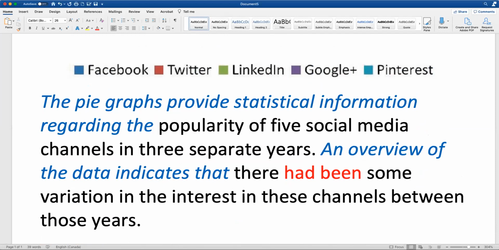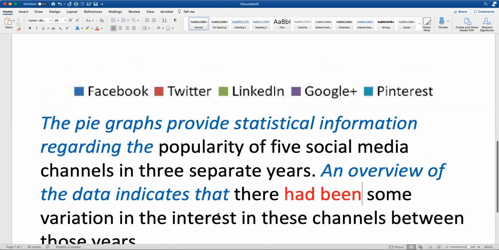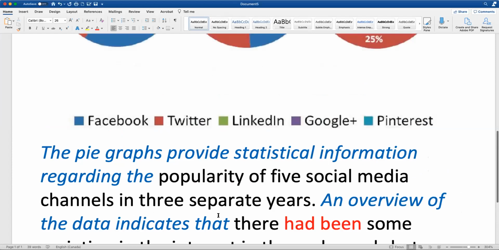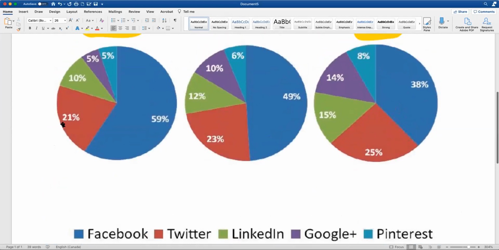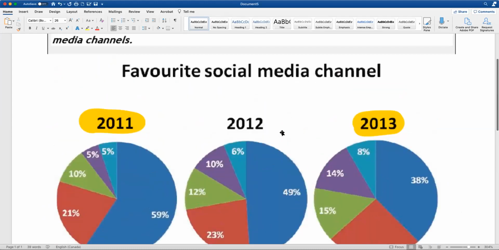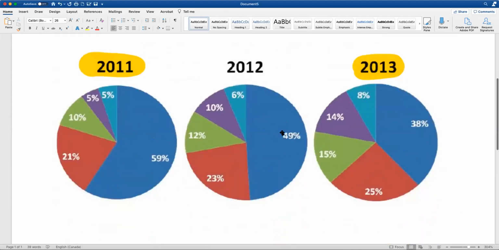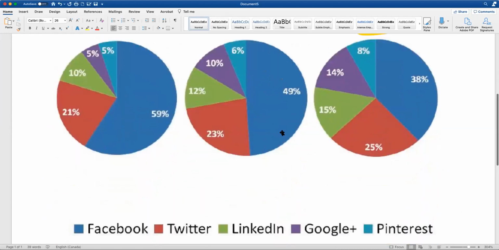I think if you put here as well, much, I think it's not that different either. You could say much in some ways, okay? This is the easiest way. You could say some channels have been increasing while others have been decreasing. You could say that as well. Any questions about that one?